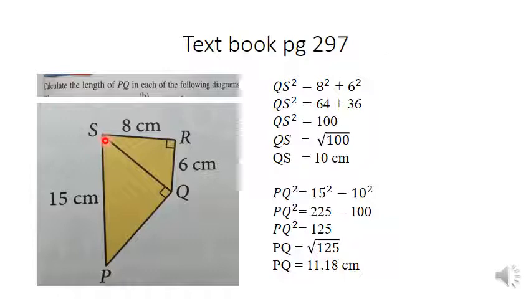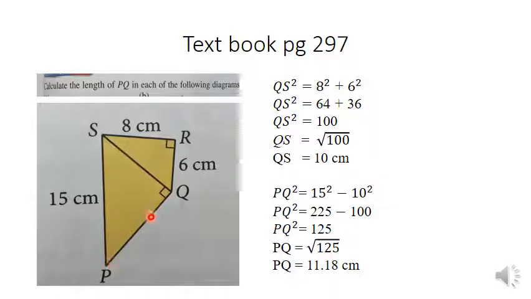So finally, you can find the length of PQ. So now, again, this is a right angle triangle. So you can use Pythagoras theorem. That means you can write the relationship between the three sides like this. Okay, now you write.